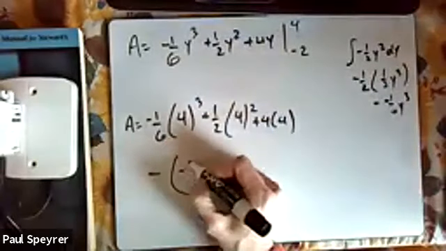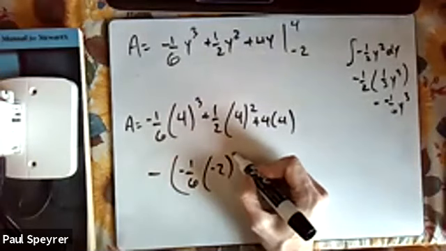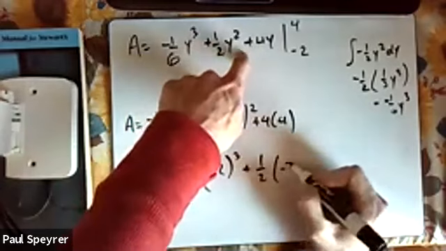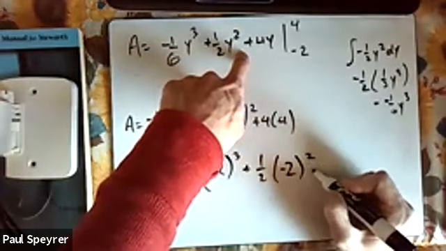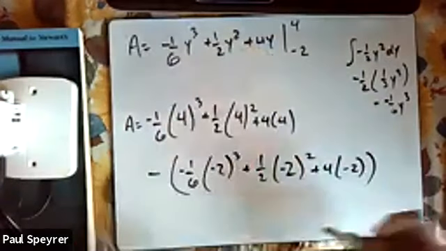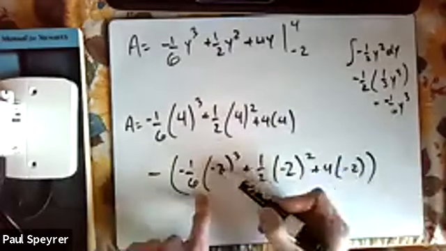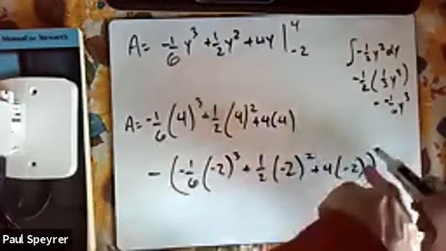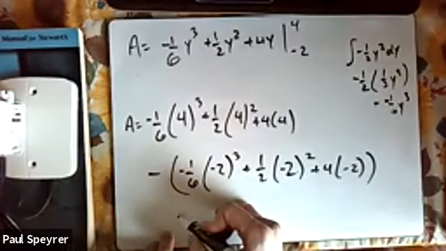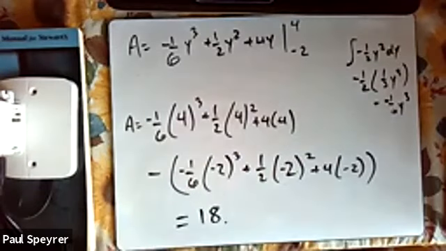So negative 1/6, and then we're going to have negative 2 cubed plus 1/2 negative 2 squared plus 4 times negative 2. Don't forget minus the entire bottom limit. Watch the negative signs. The arithmetic, right? Watch all that stuff. And when you work it all out, you should come up with positive 18.